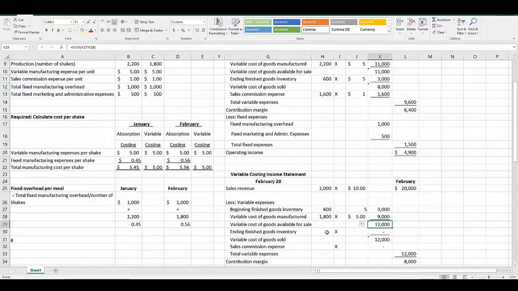What we need to calculate is what we actually sold. So we know how much we had available. Then we subtract what we had left at the end of the month. The difference is the amount that you sold. So to come up with the number of units for ending finished goods, you would have to do this little calculation.